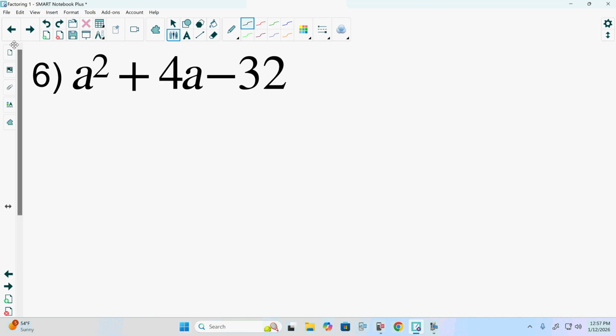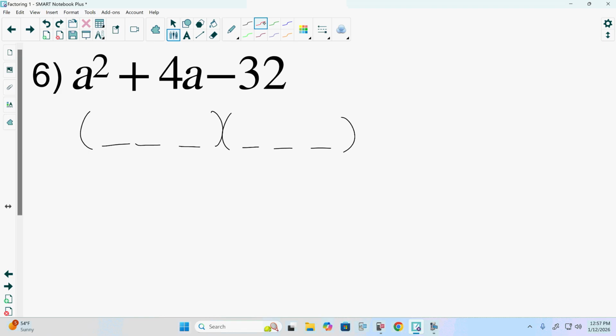No, because a squared doesn't have a number besides 1. 32 doesn't have a variable, so there's no common factor. So we have our two sets of parentheses with 3 spaces. If the third term is positive, the signs are the same and match the sign of the middle term. If the third term is negative, the signs are opposite.